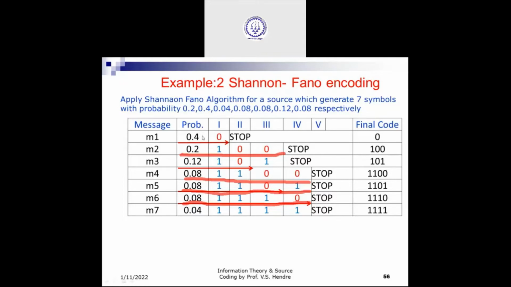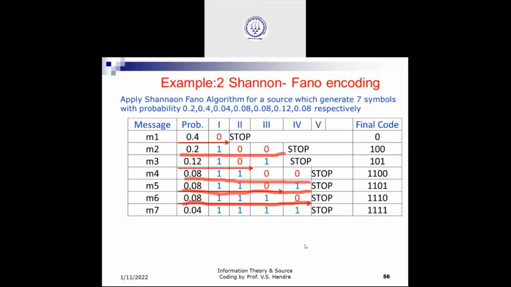As the probability decreases, the length of the code increases, because the lesser the probability, the more the information, and if more information, the symbols are coded with more bits. So this is how we can implement the Shannon Fano encoding technique.